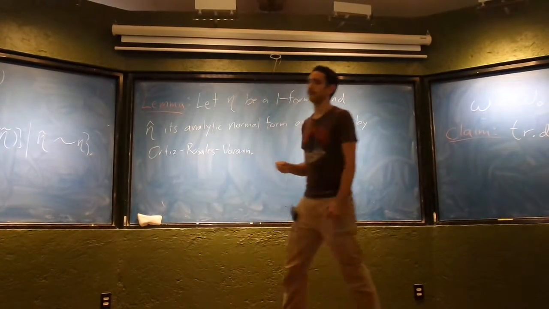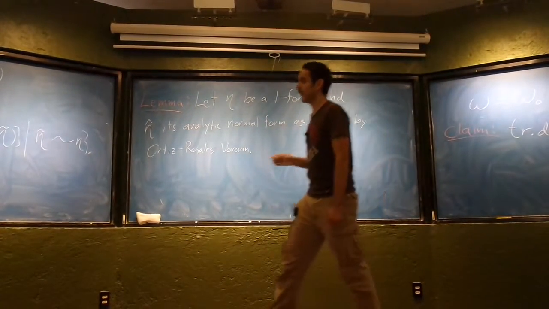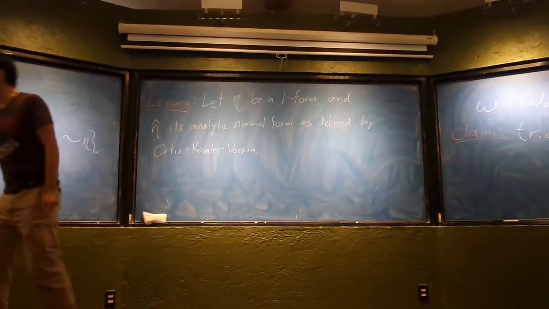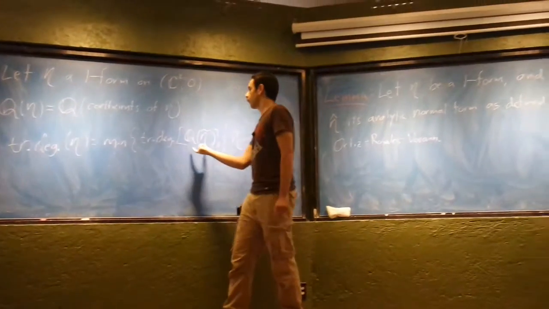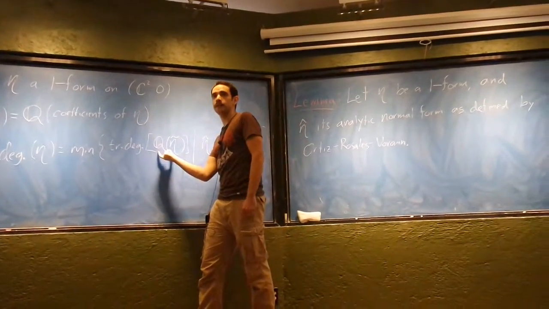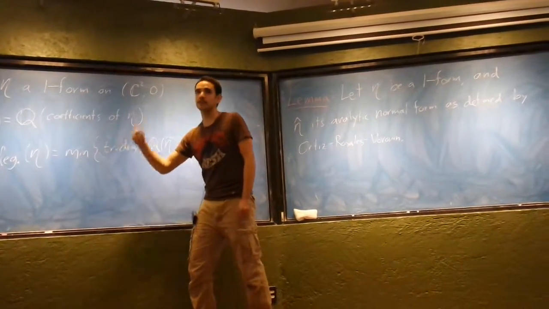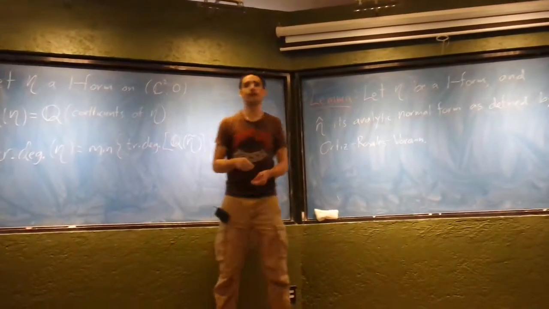Okay, so I'm going to claim that the transcendence degree of eta, namely the minimum transcendence degree over all these possible extensions, this minimum is achieved at the formal normal form.